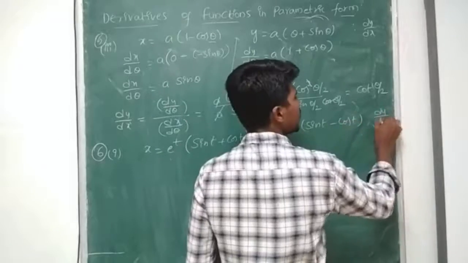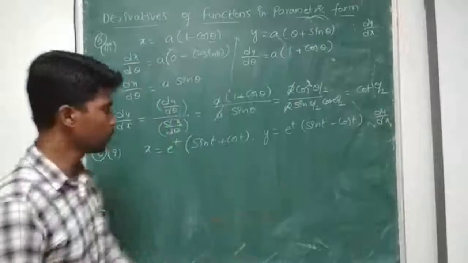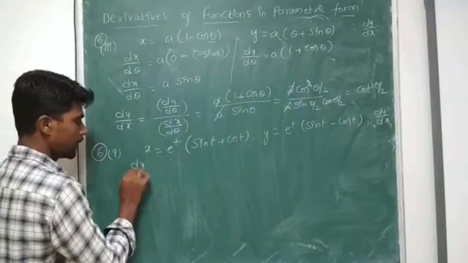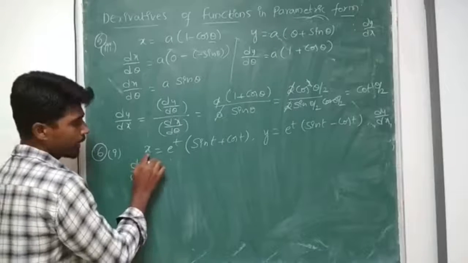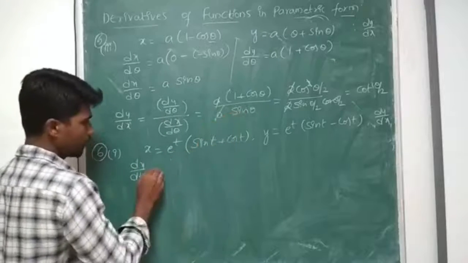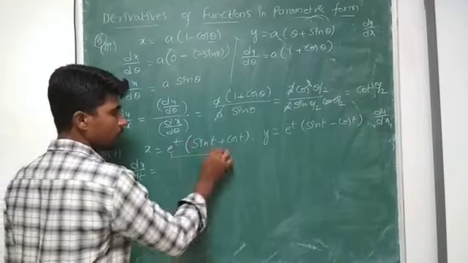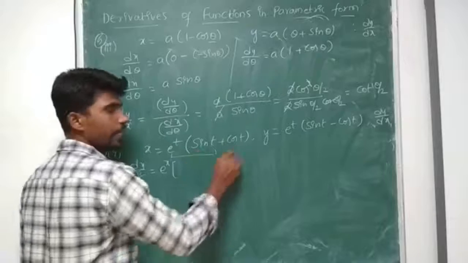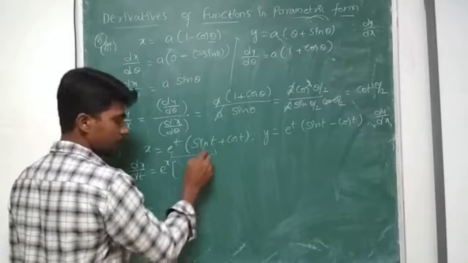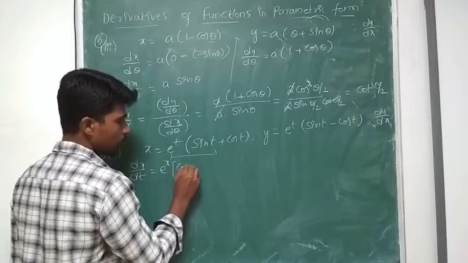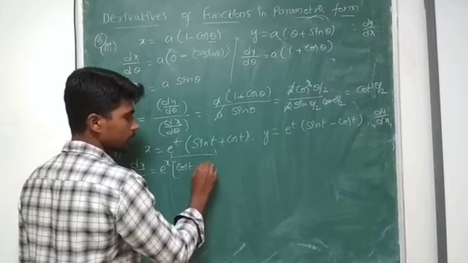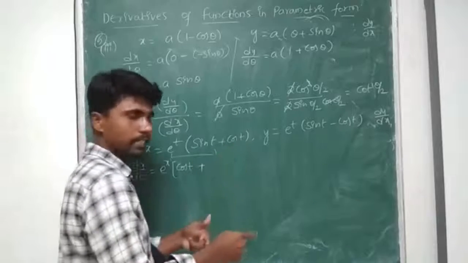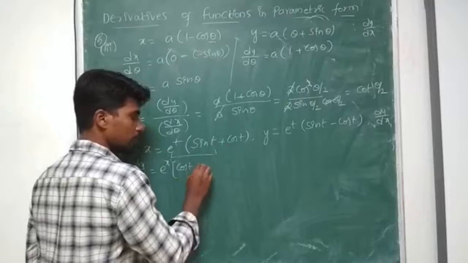Find dy by dx. As usual, first find dx by dt, because x is defined in terms of t. This is in the form uv, so u times v dash: sin t, differentiation cos t, plus cos t, differentiation minus sin t.